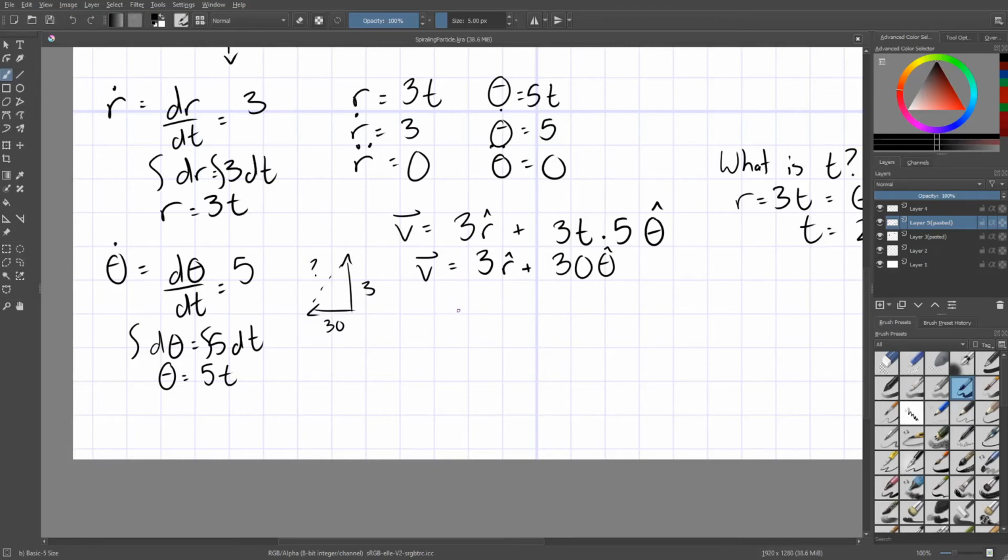So we can say 3 squared plus 30 squared equals question mark squared, right? Square root of 9 plus 900, root of 909, and I already typed that in my calculator, and that ends up being about 30.15 meters per second.